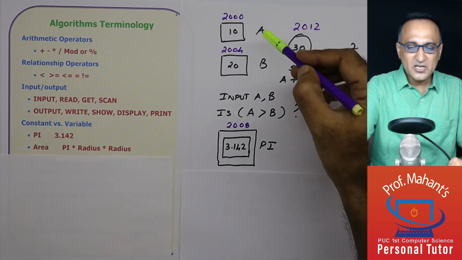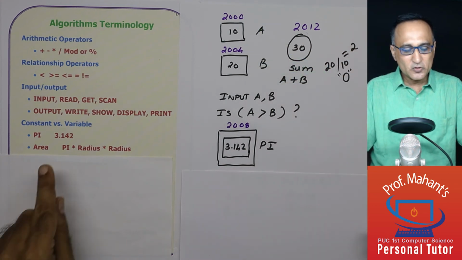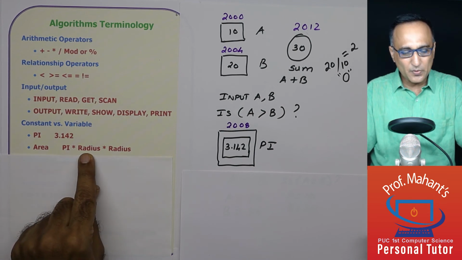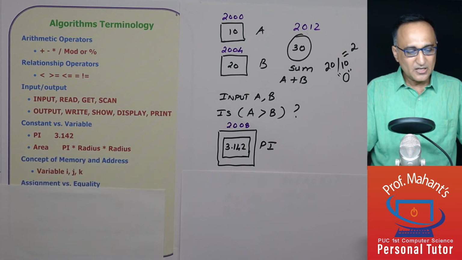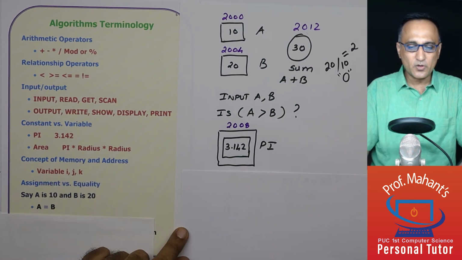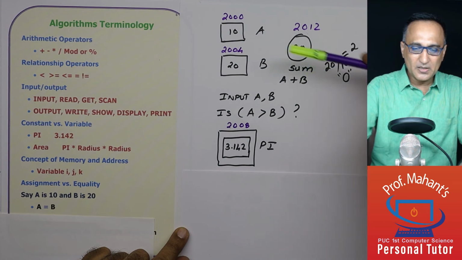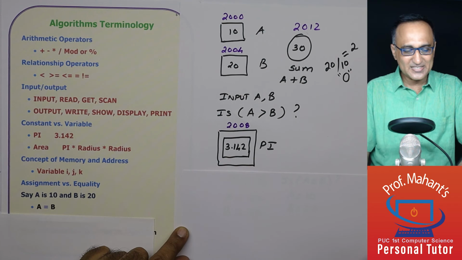An item which changes like A, B, sum is known as a variable. So if I'm calculating the area as pi into radius, radius is a variable, area is a variable, pi is a constant. I have already told you the concept of what is a variable, what is a constant, and what is an address. So A, B, sum are all variables. 2000, 2004, 2008, 2012 are all addresses.